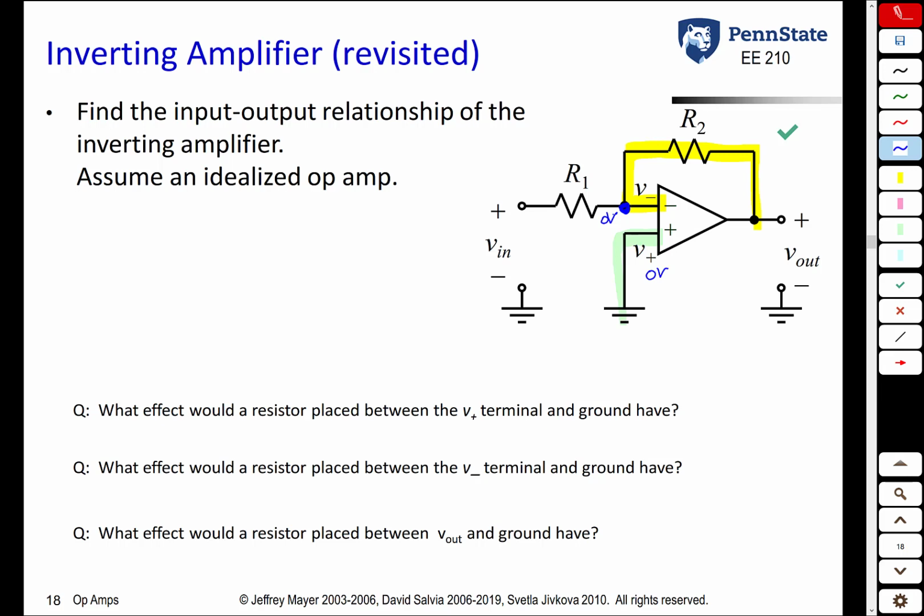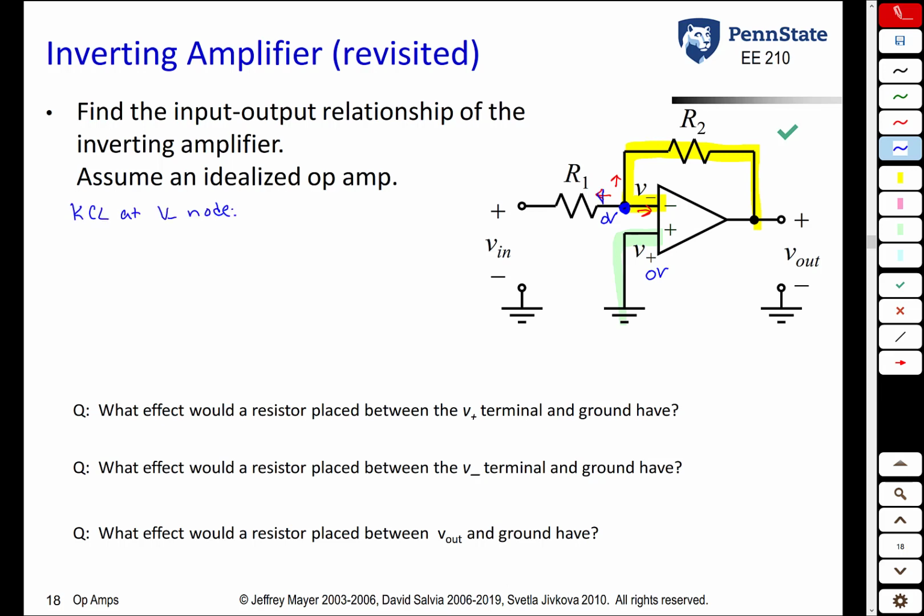The next step, which is the only real step in this algorithm, is to do KCL at the inverting input terminal. Basically, we're saying that this current plus that current plus that current equals 0. So if you do KCL at the V minus node, what do you get?